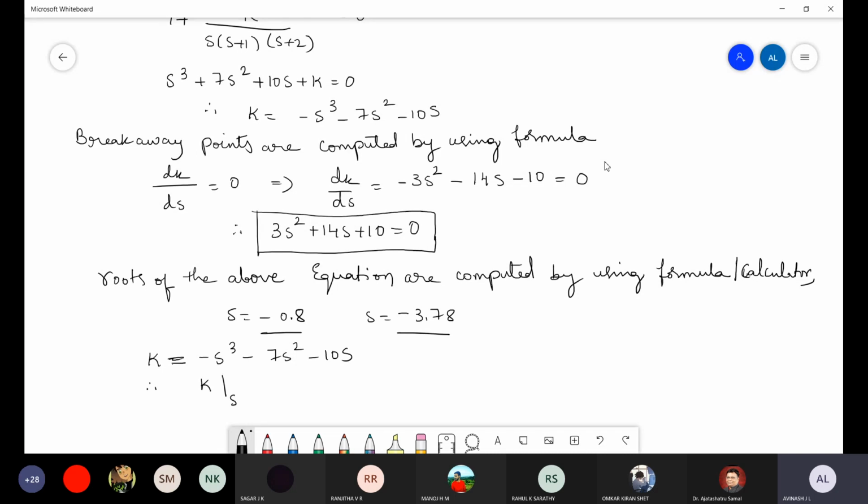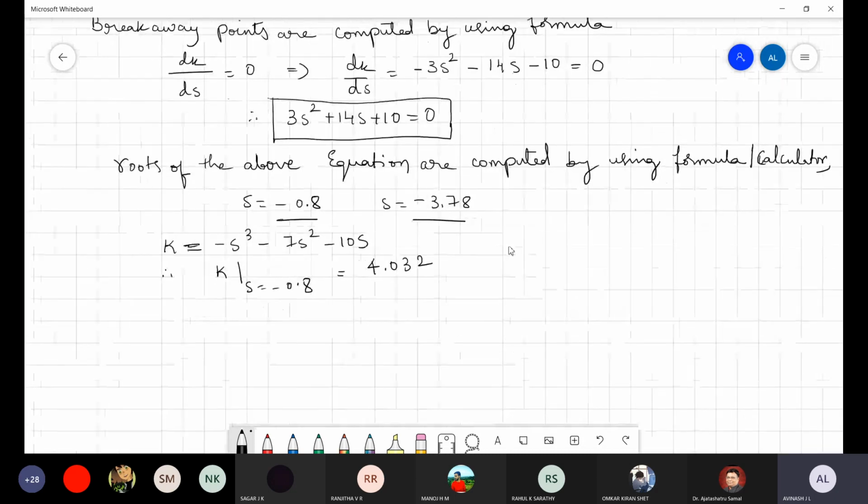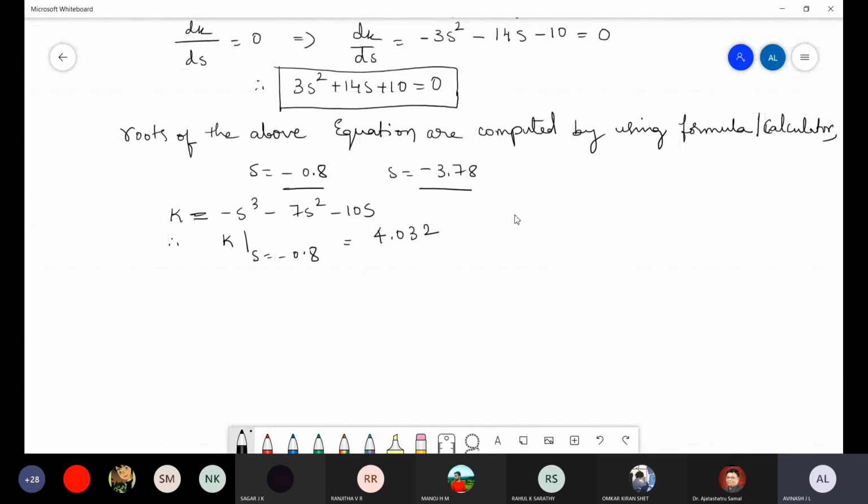So when s is minus 0.8, if you substitute, what I got is 4.032. That is the first value I got. And similarly, if I replace the s value by s equal to minus 3.78, what I'll get is minus 8.2.